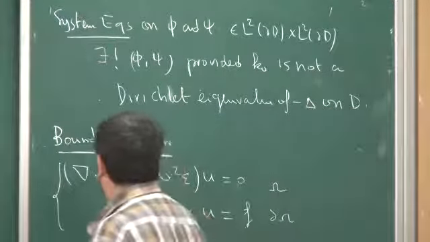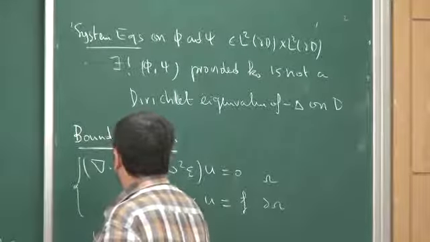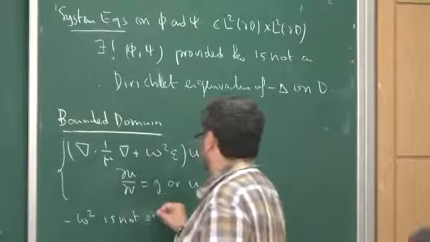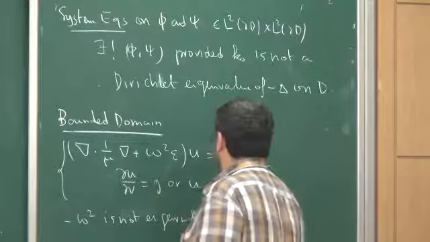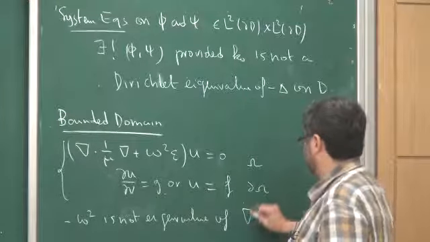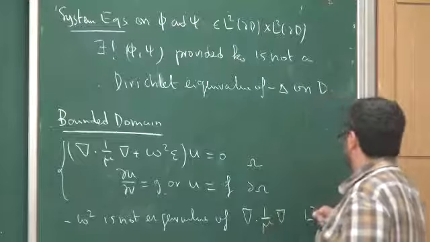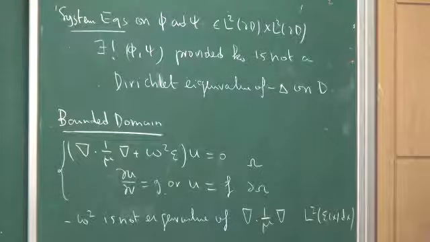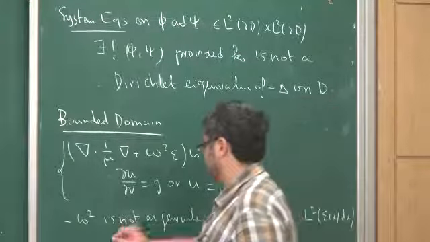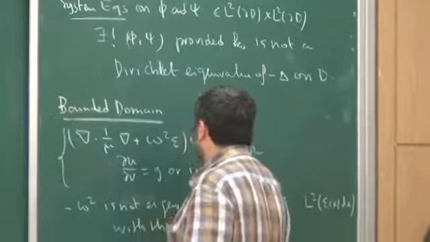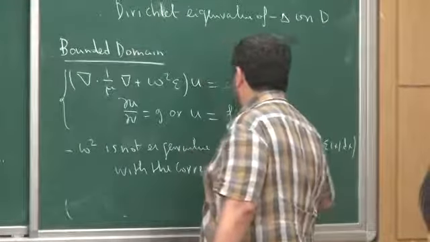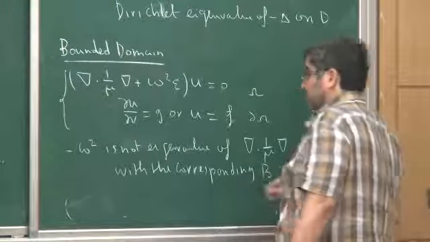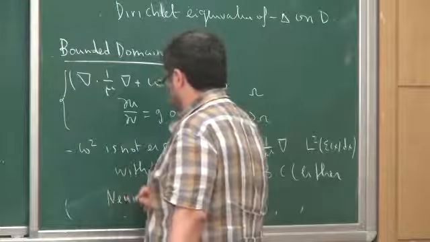So we have to assume that omega squared, or minus omega squared, is not an eigenvalue of this problem, of divergence of 1 over mu gradient on L2 of epsilon of x dx, with the corresponding boundary condition, either the Neumann boundary condition or the Dirichlet boundary condition.